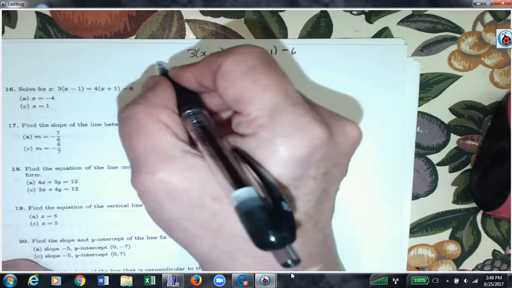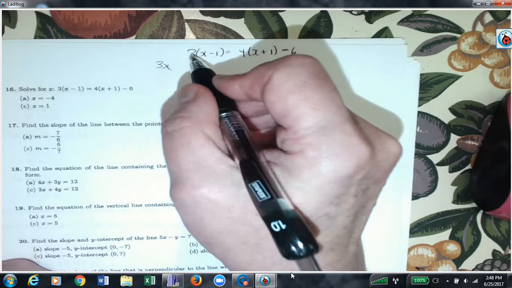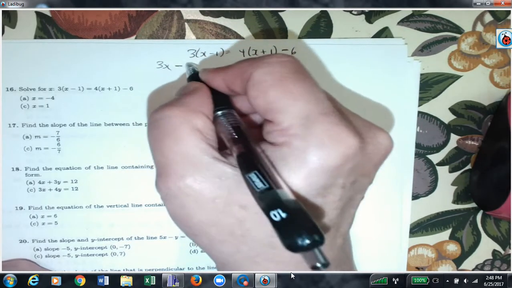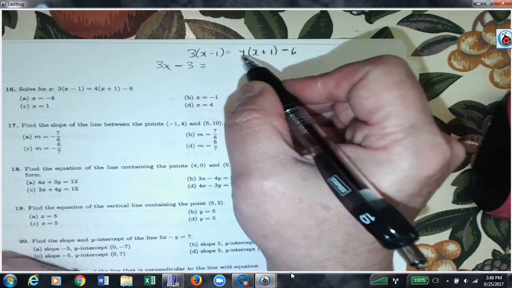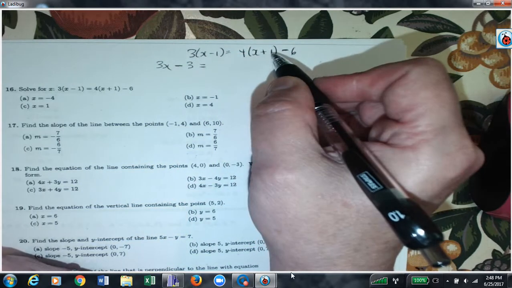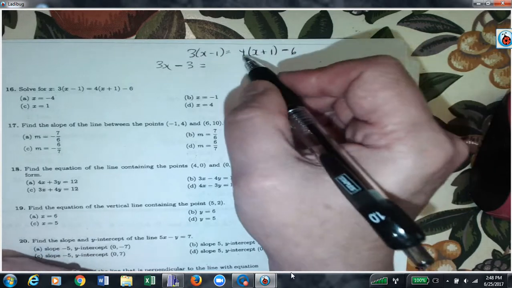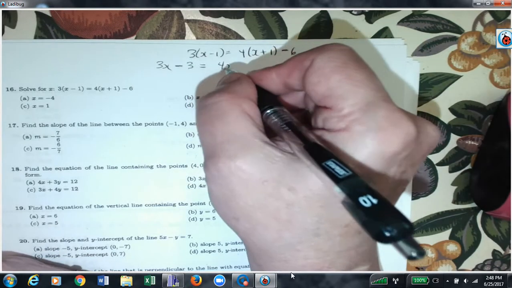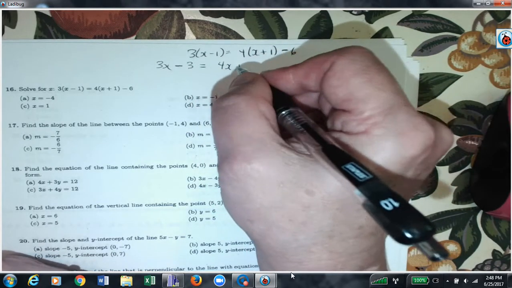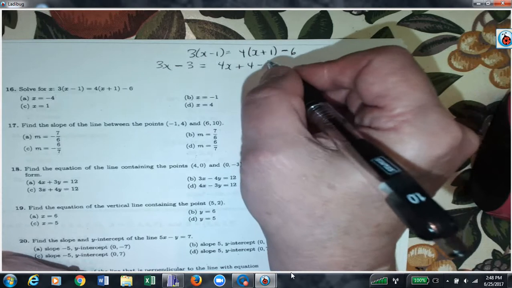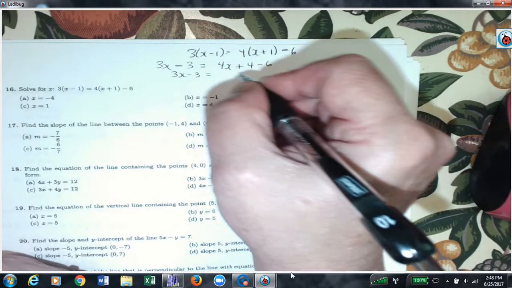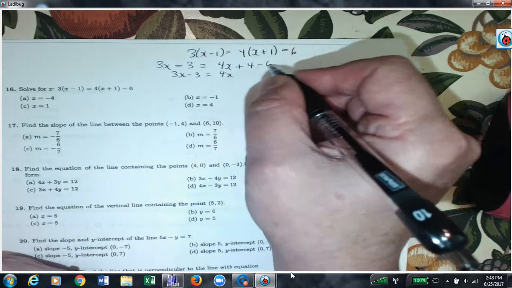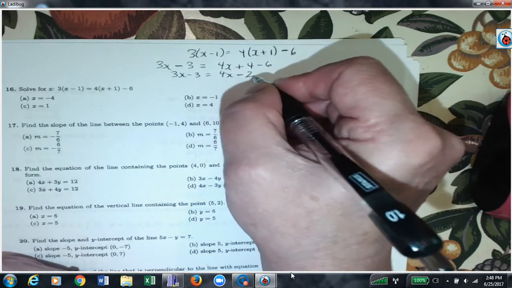So I'll have 3 times x plus 3 times -1 equals 4 times x. So this 4 has to be multiplied by everything inside the parentheses, so the distributive property. So 4x plus 4 times 1. And then don't forget your -6. So I have 3x minus 3 equals 4x, and then 4 minus 6 is -2.